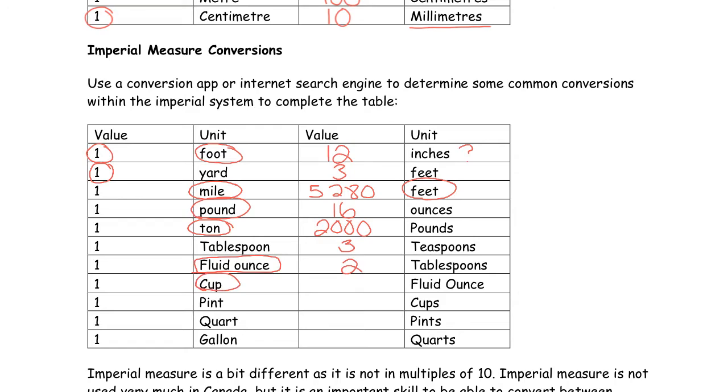So 1 cup is equal to 8 ounces. Again, when I'm baking, I can see that 1 cup measure is equal to 8 ounces on the Corningware or the glass measuring cup that I'm using. 1 pint is equal to 2 cups. And we have 1 quart is equal to 2 pints.